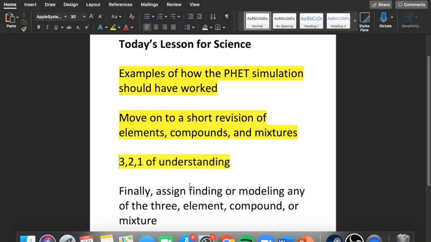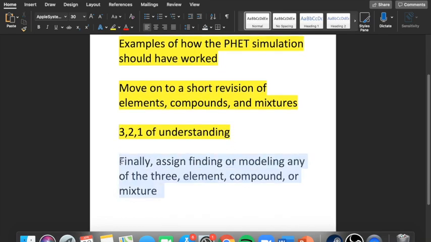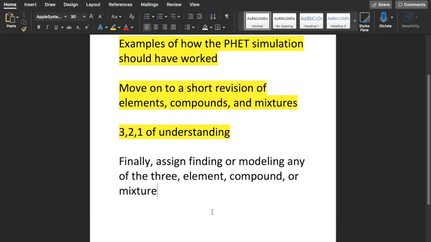So lastly, this is going to be really easy. Don't overthink it. This is finding or modeling any of the 3: elements, compounds, or mixtures. So you can make this however you want. But what I want you guys to do is either find a mixture or a compound or an element in your house.